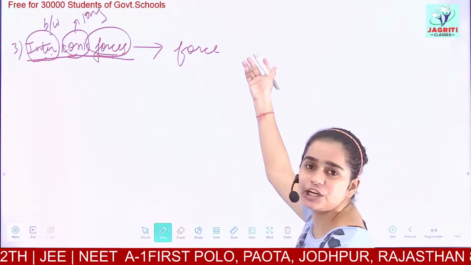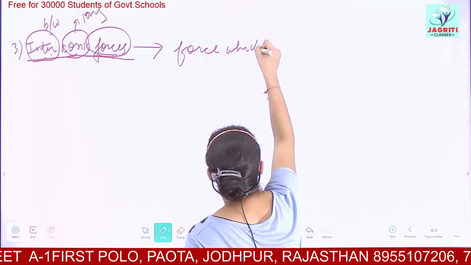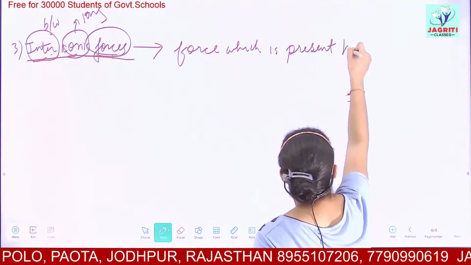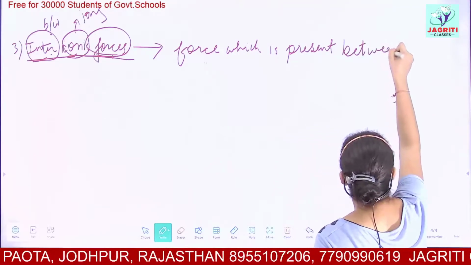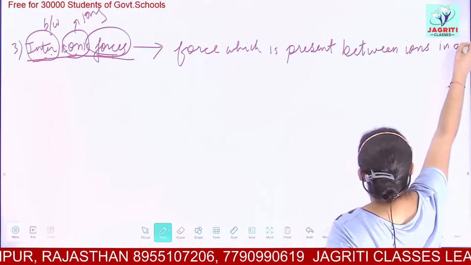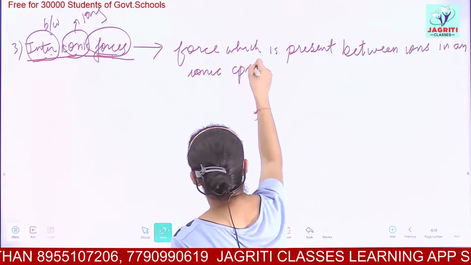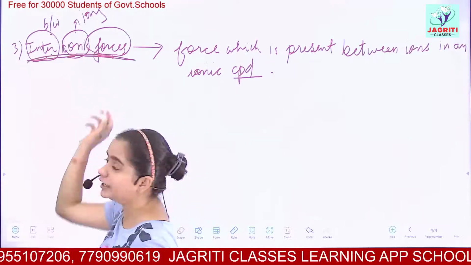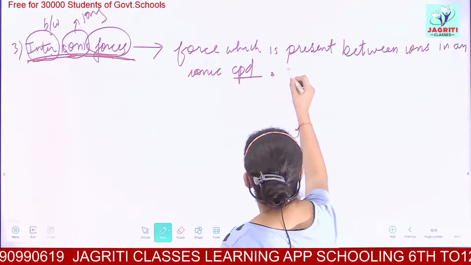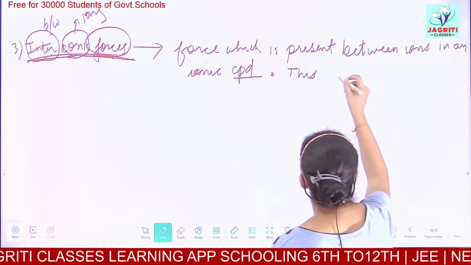The definition: the force which is present between ions in an ionic compound is called interionic force. This force, which is present in ionic compounds, is very strong.